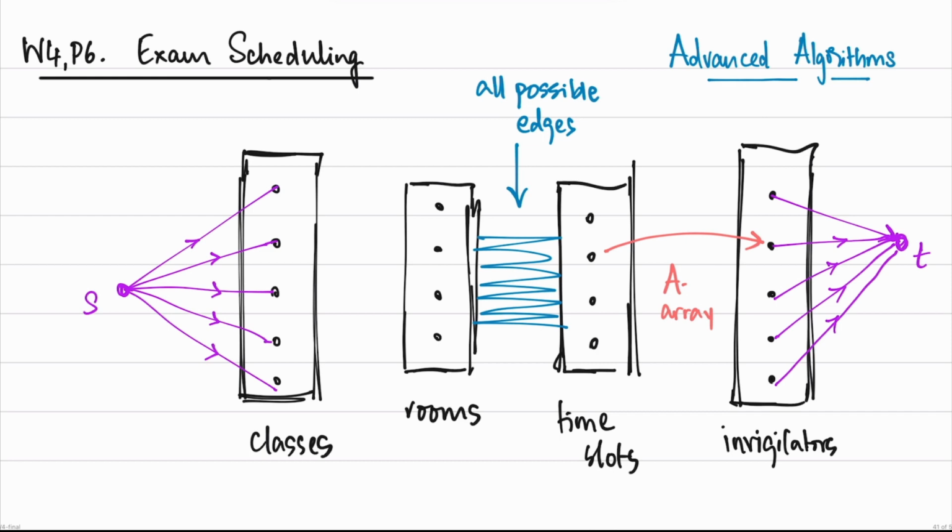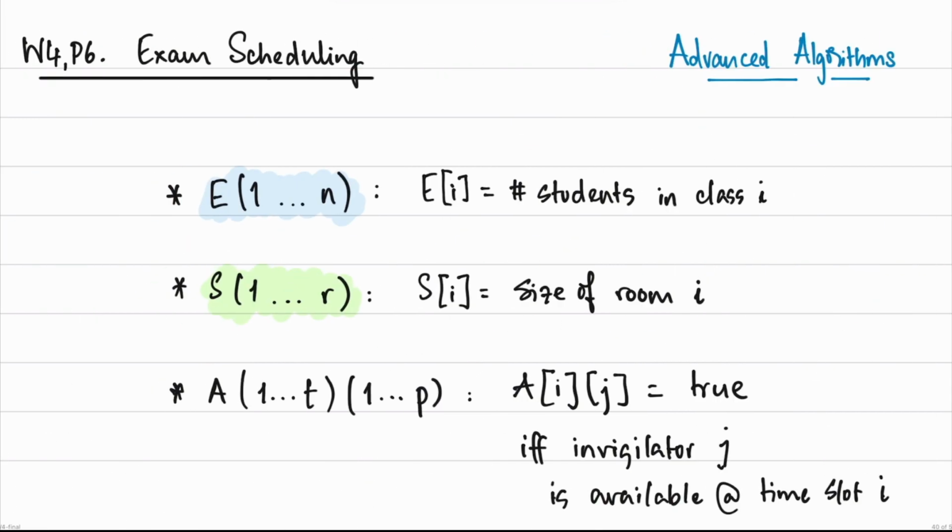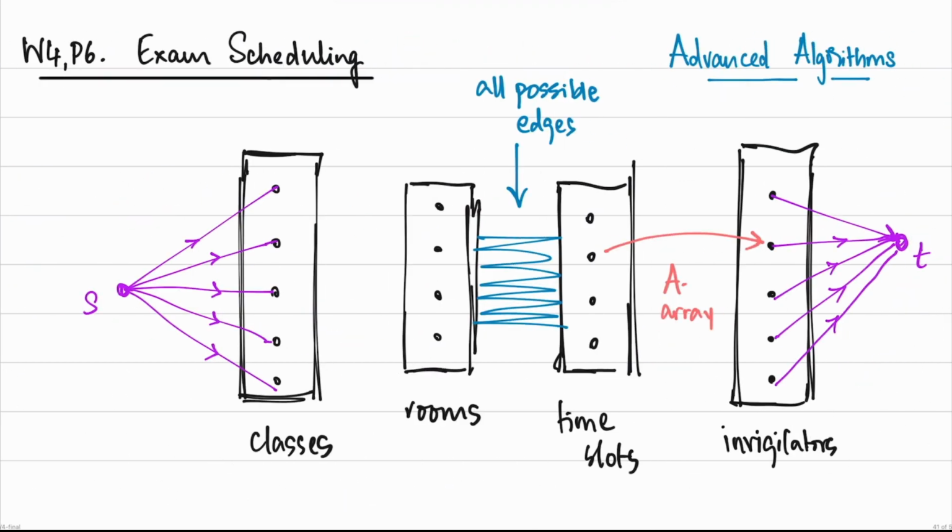Now coming further up, let's talk about the relationship between classes and rooms. What do you think the edges should be here? Well, we have this data about the enrollments and the class sizes. So it's natural that we want a class to be adjacent to a room only when the room can actually accommodate this class.